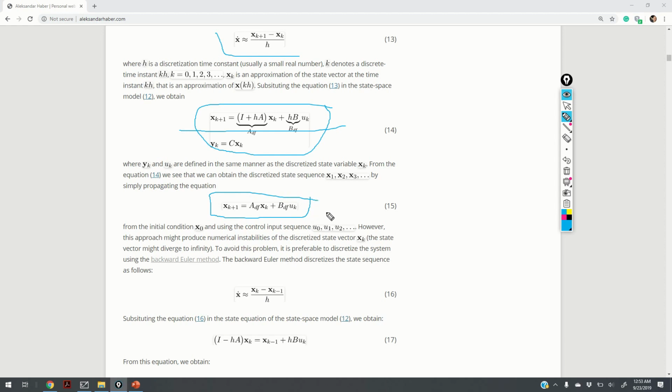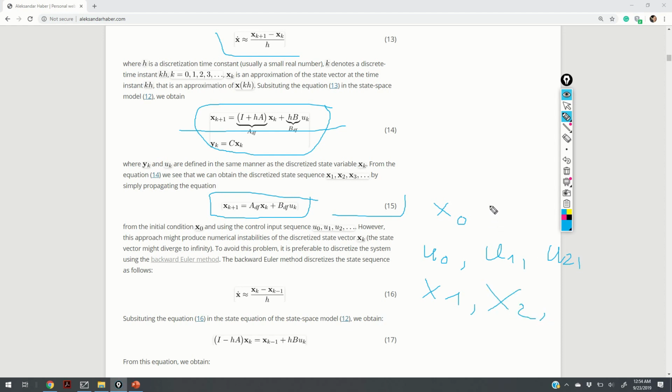Now, from 15 we see that if we know the initial condition x0, that is the state at the initial time t0, and if we know the input sequence, that is the force at certain time instants, then by simply propagating equation 15, we can obtain the state sequences at the time instants x1, x2, etc.